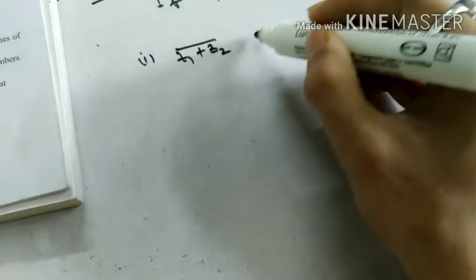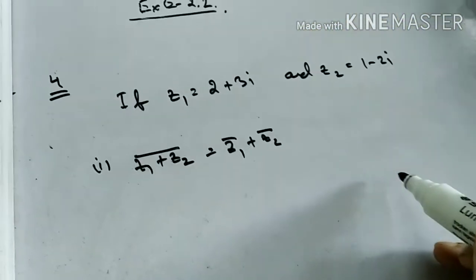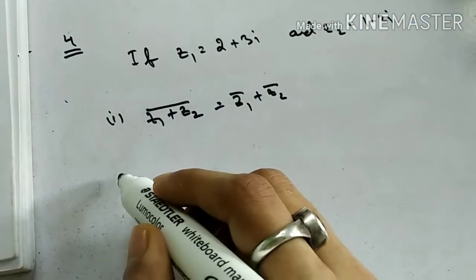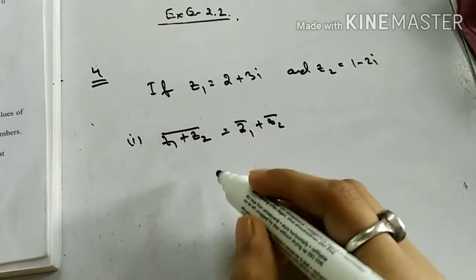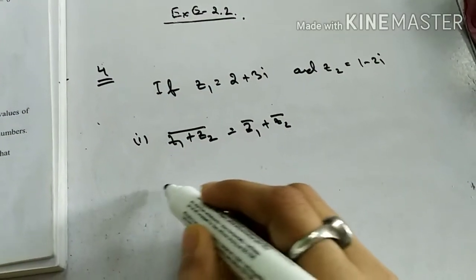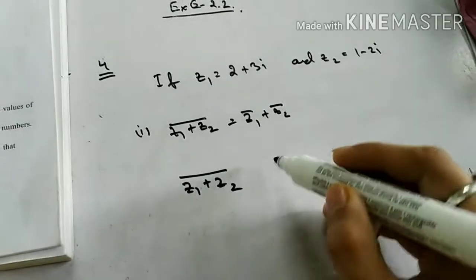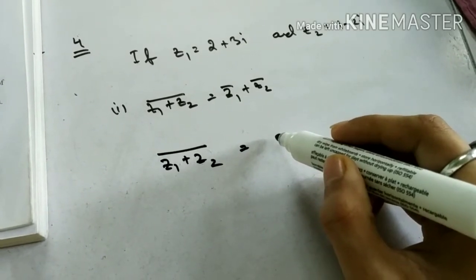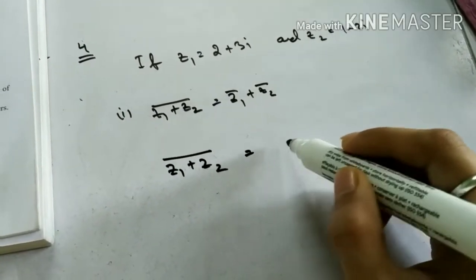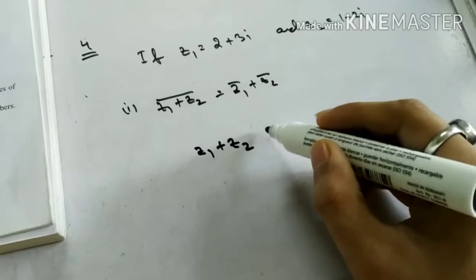Z1 plus Z2 bar, this is equals to Z1 bar plus Z2 bar. This I have to verify here. So first of all, in here I will take Z1 plus Z2 bar. First of all, let us find Z1 plus Z2.